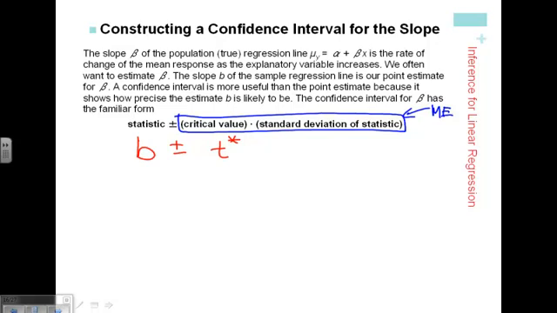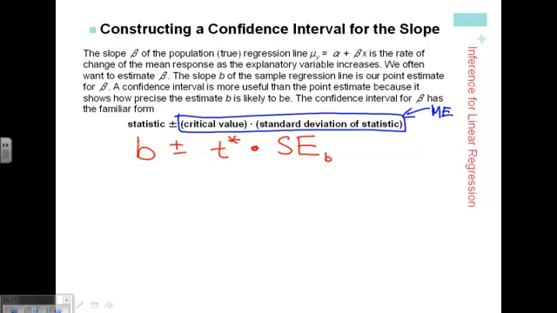How much variation is there in the slope? And that's this new value that Paul conjectured existed, the standard error of B. And when we do that, what do we get? A range of values that we think beta exists in. How confident are we going to be that beta actually falls in that range?